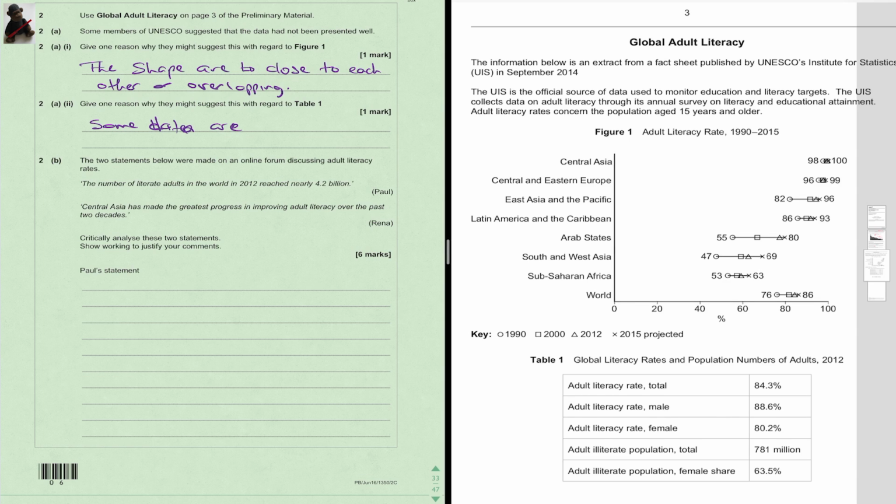Some data were missing or not presented clearly, such as the total population.